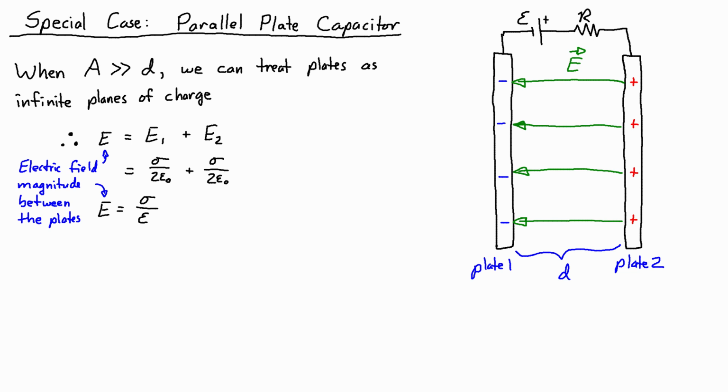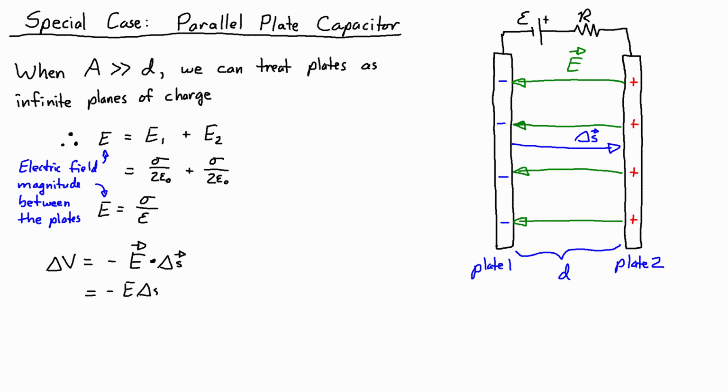And you might remember from Chapter 4 that the potential difference for a path through a constant uniform electric field is equal to negative E dot delta S. In this case, delta S is going to go from the negative plate, plate 1, to the positive plate, which is plate 2. Since the electric field and delta S are opposite each other, I can just use the magnitude version of this.